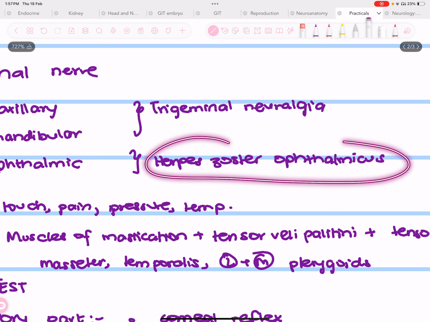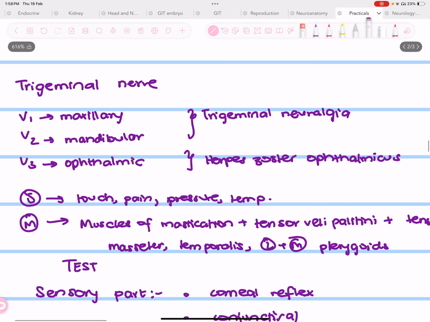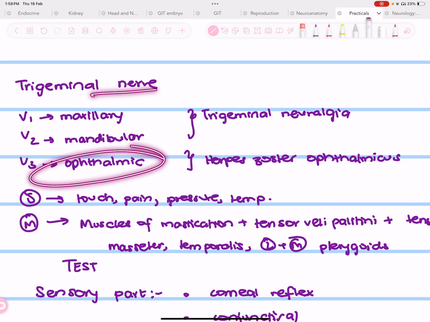Now, herpes zoster ophthalmicus is basically a rash kind of disease which occurs because of the varicella zoster virus. This virus causes shingles and it causes painful blistering rash around the area of the eye and around the area of the forehead. So basically there is periorbital vesicular rash, and this occurs because of the lesion in the ophthalmic division of the trigeminal nerve.